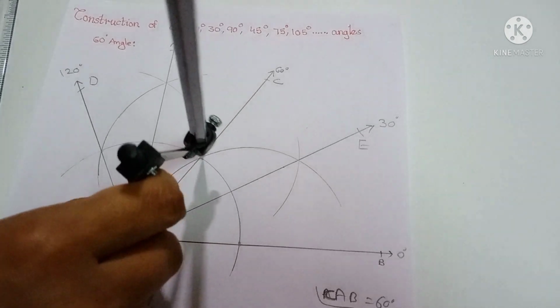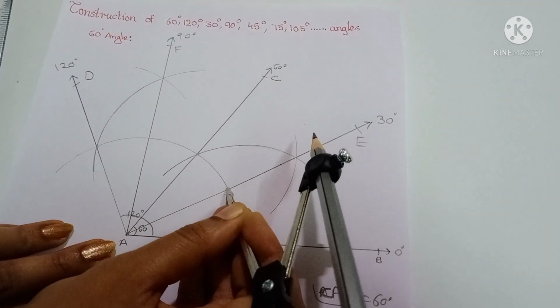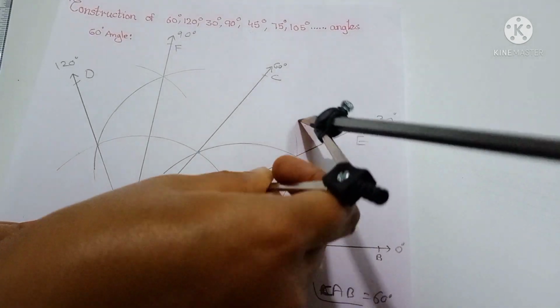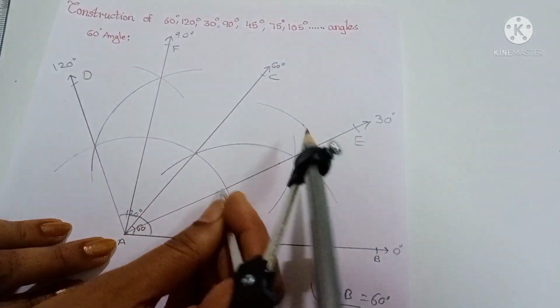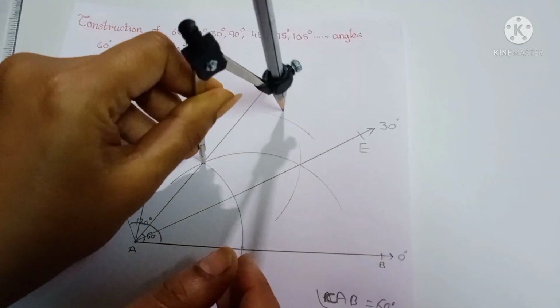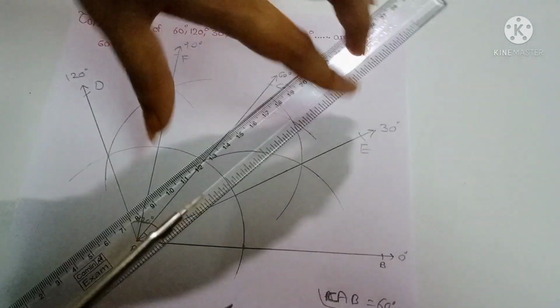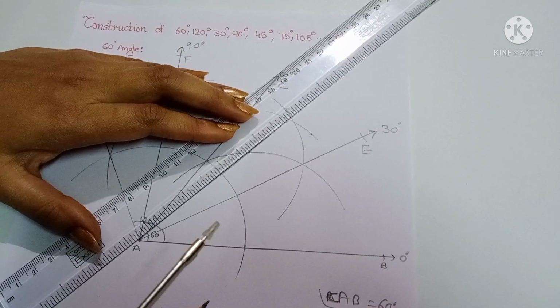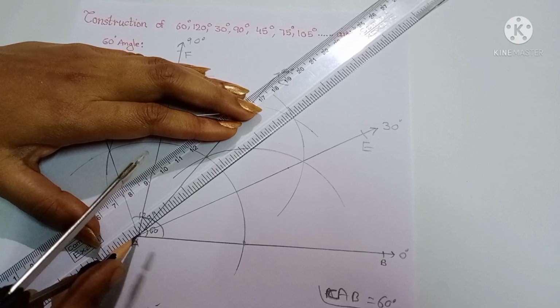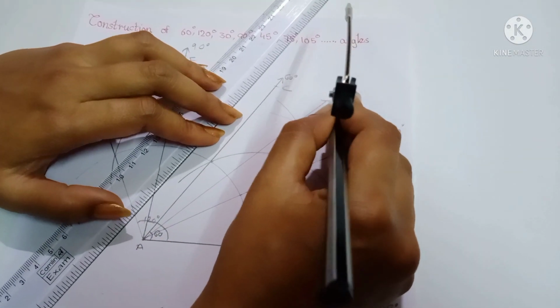So we draw an arc from here and one more arc from this center. Just join them. We will get 45 degrees.